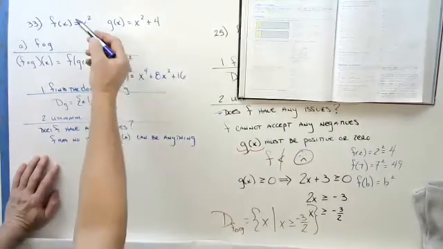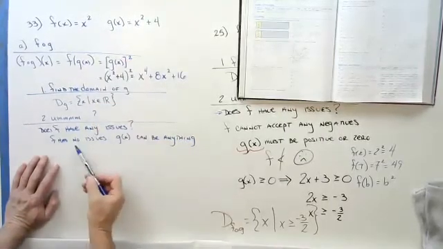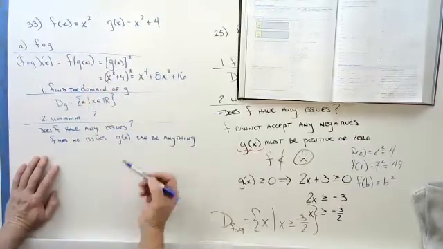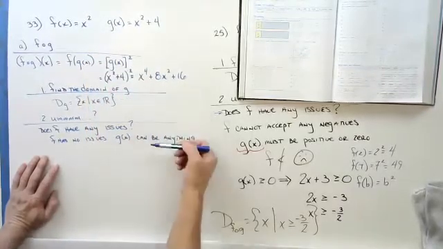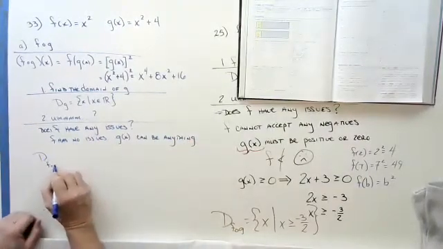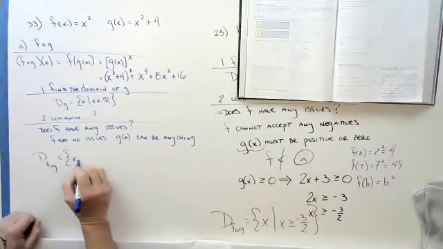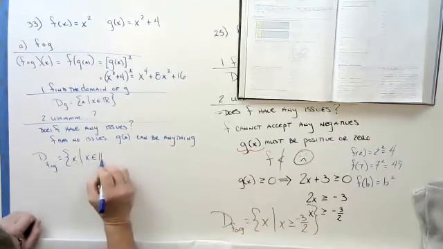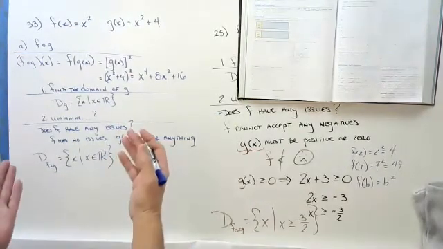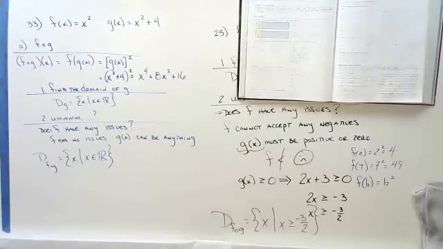The domain of f is all the reals. That's what we mean when we say f has no issues. Then there are no problems here and no problems here. So the domain of f composed with g is the set of x's such that x is an element of the reals. There's no problem with step 1 and no problem with step 2.